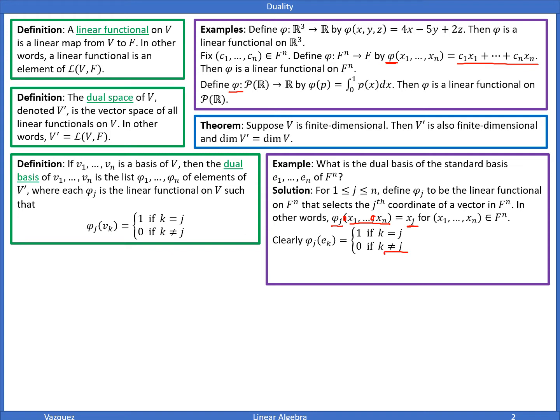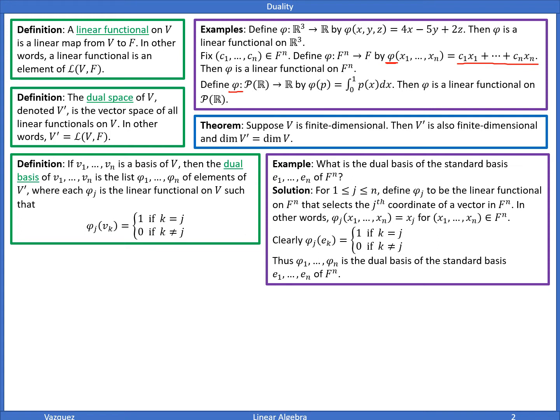It only matches up for the jth component. So that's why we only get the x_j. So if you see this phi_j, the dual map just spits out the x_j.